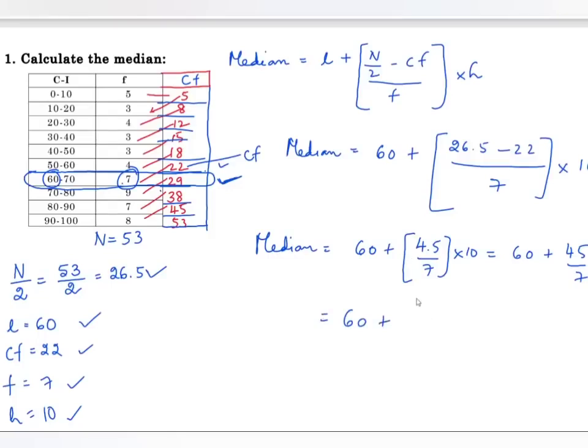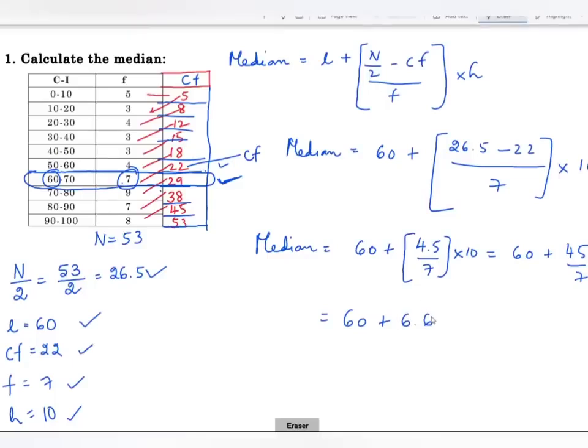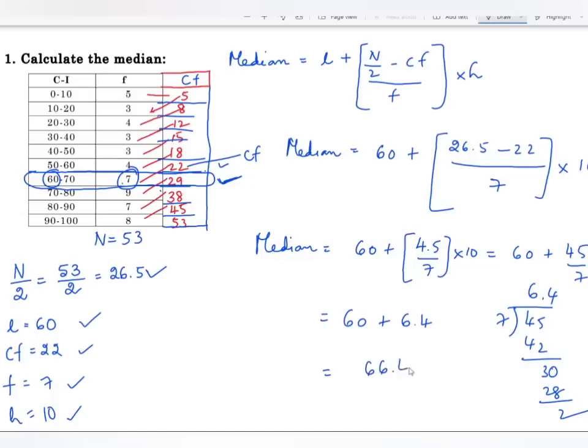If we divide 45 by 7: 7 sixes are 42, remainder 3, then decimal point, you get 30 here, 7 fours are 28. So the answer is 6.4. Now 60 plus 6.4 is 66.4.